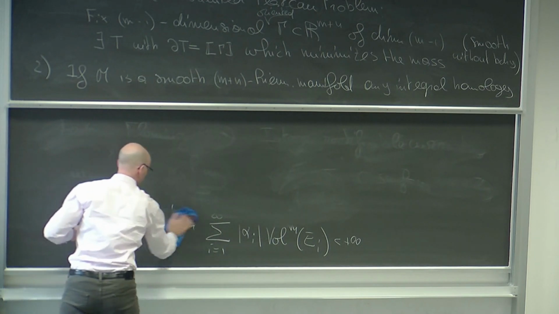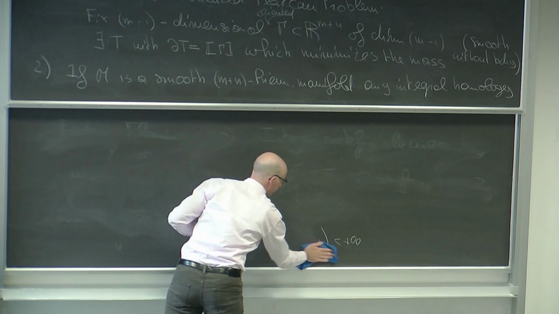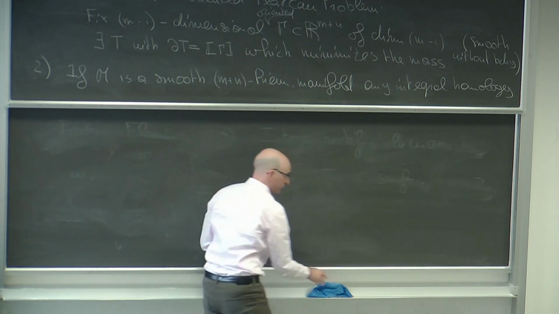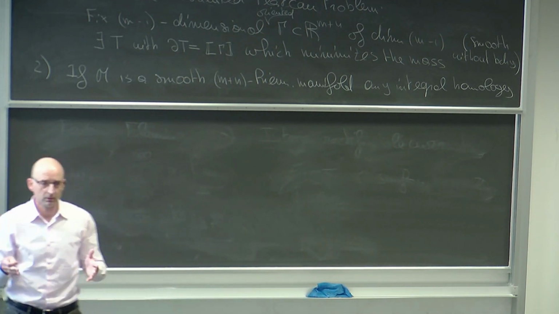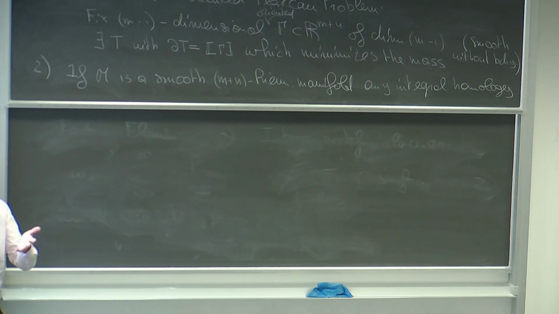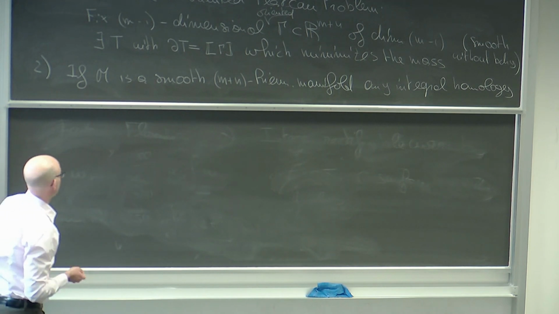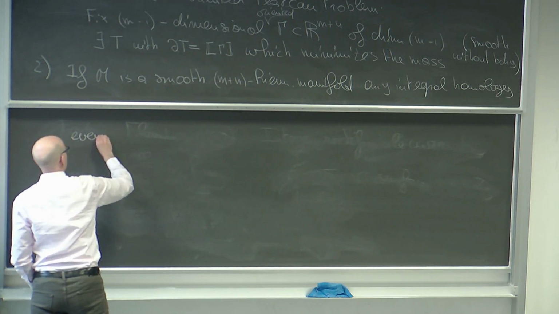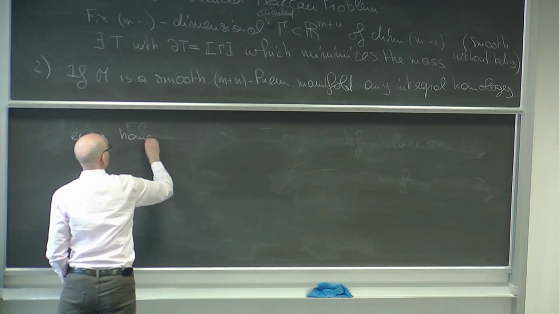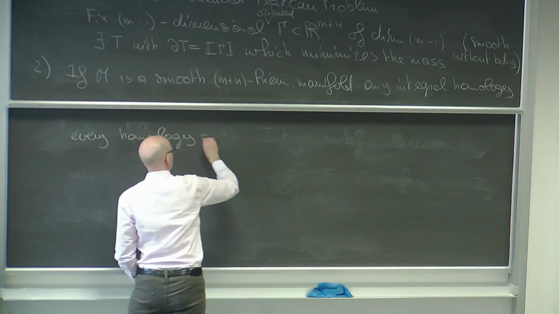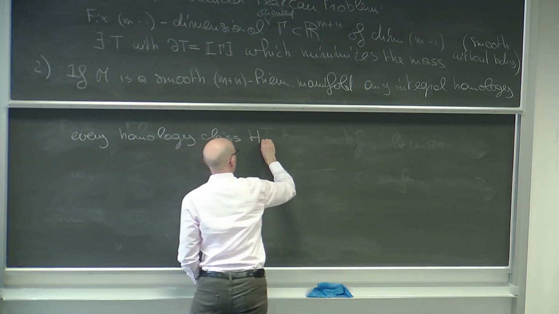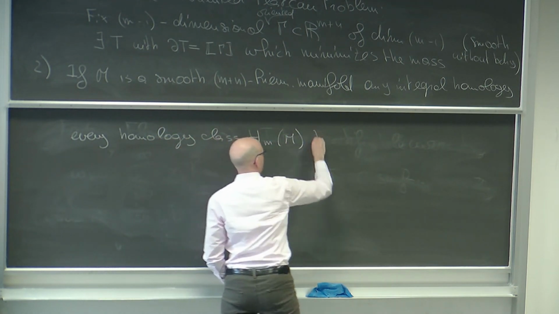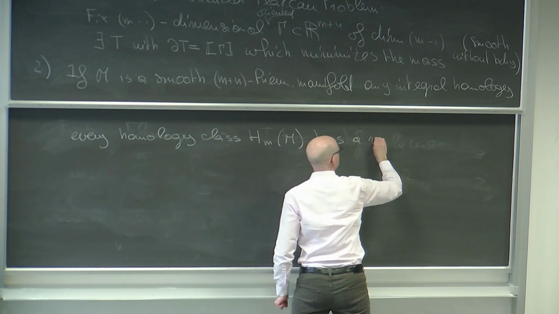So one thing that I should say is that part of the theory of Federer and Fleming is that by using these integral currents, you can really recover the usual integral homology, the same homology that you define using singular homology. Okay, because the theory satisfies the axioms of Eilenberg-MacLane. So, okay, let me just say here, every homology class has a representative of this class.